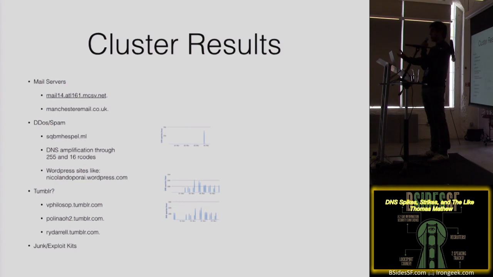As a result, you get this huge packet back. But they're spoofing their IP, right? So essentially some poor unsuspecting person gets giant DNS responses from a set of domains, and they get overwhelmed with traffic. So DDoS and spam is a very common technique and cluster pattern that we saw.